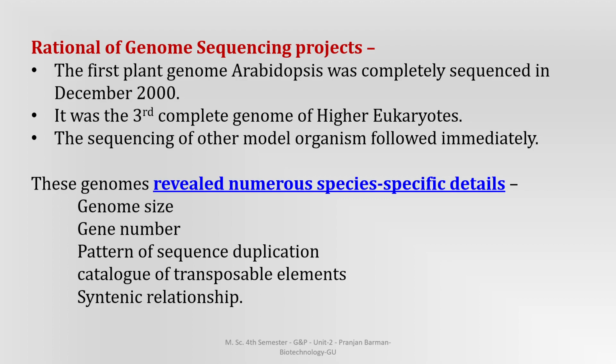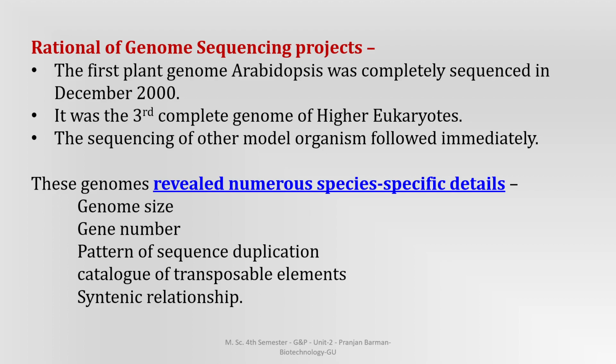Next, the rationale of genome sequencing projects: what we have got and why we need to do genome sequencing. These projects gave us few things which were never possible. Number one is knowing exactly the genome size of an organism.